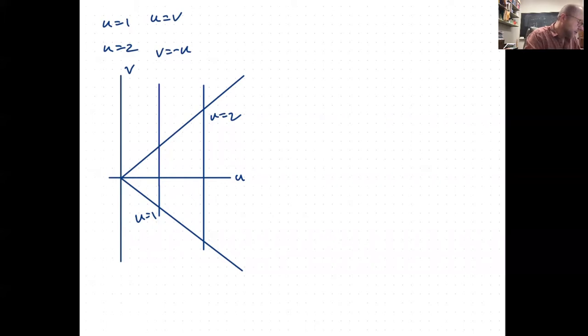Since interior should go to interior, then I would expect to go ahead and shade in stuff roughly like this. And I shrunk my page when I should not have. I should have made this bigger.